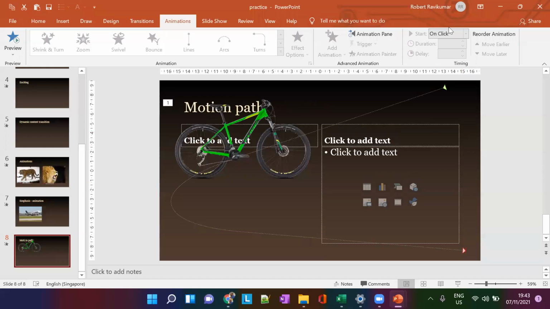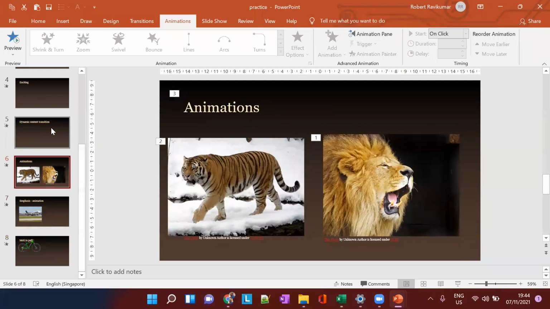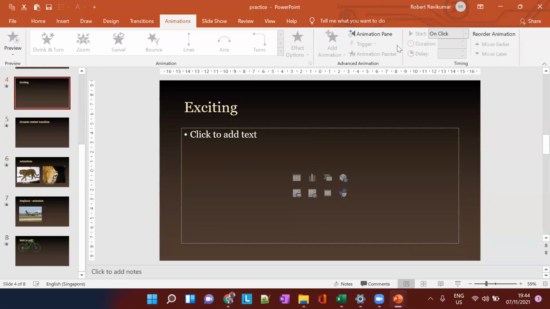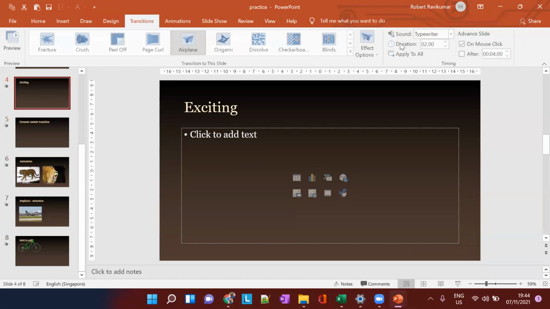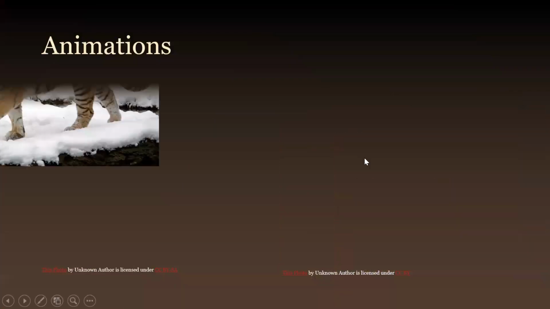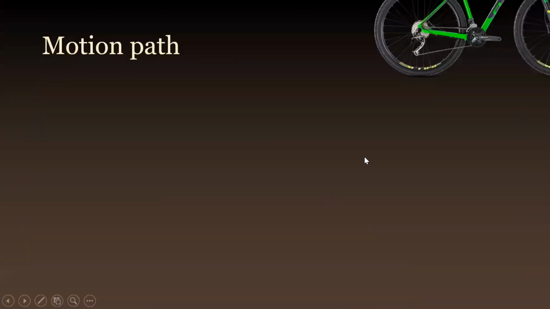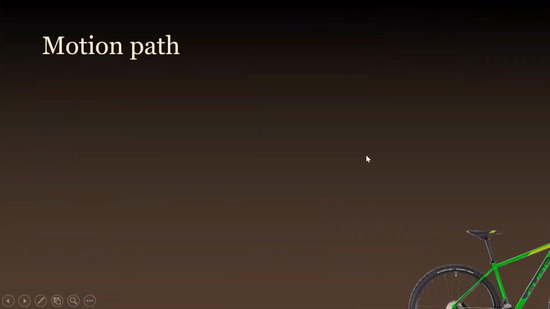So this is how the motion path animation works. I'll remove the sound first for these animation transitions. I'm going to apply no sound to all. So I removed the sound. See, this is a motion path animation.